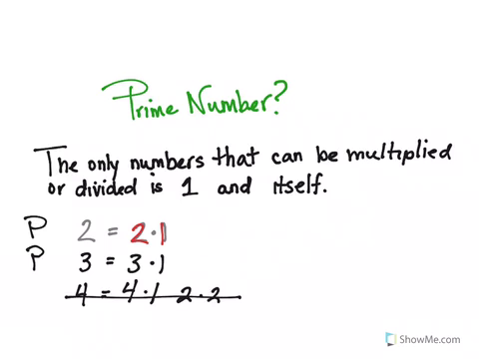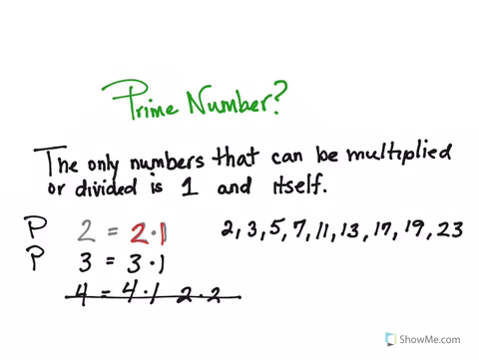So if we go through the list here, and we kept doing that for everything, we would start seeing, at least for those beginning numbers, 2, 3, 5, 7, 11, 13, 17, 19, 23. I think that's our starting list.